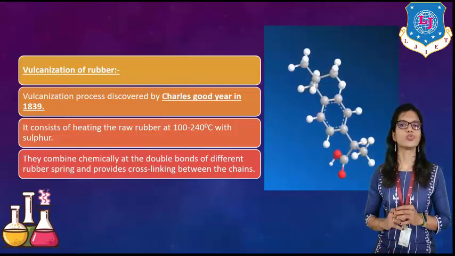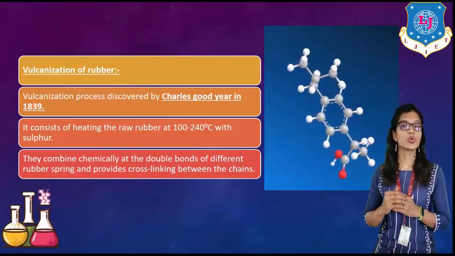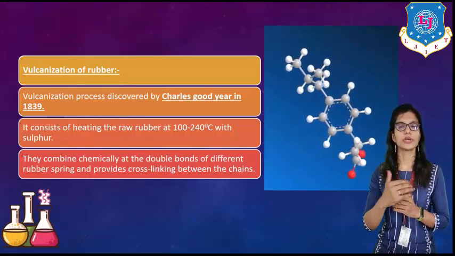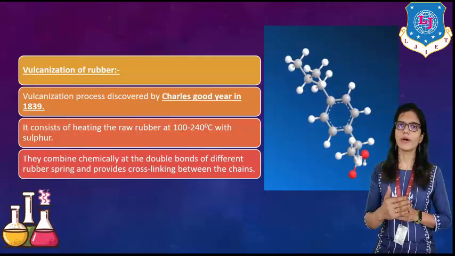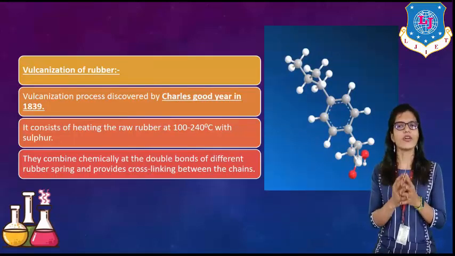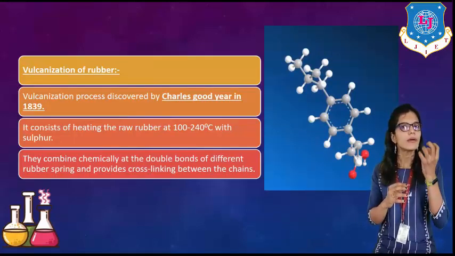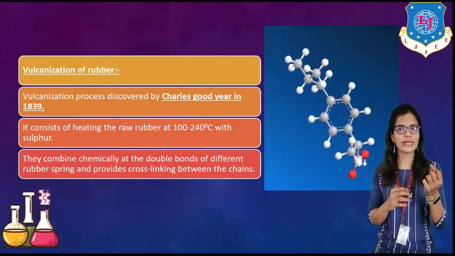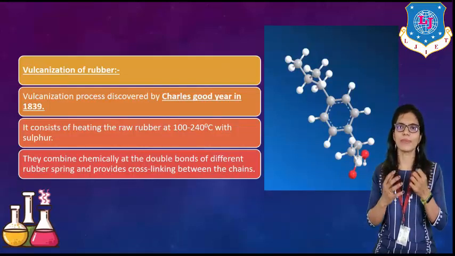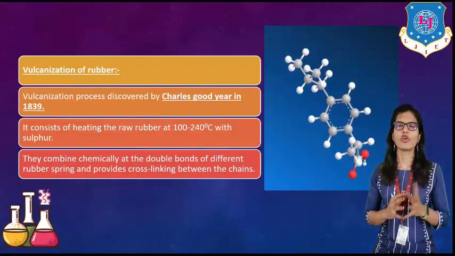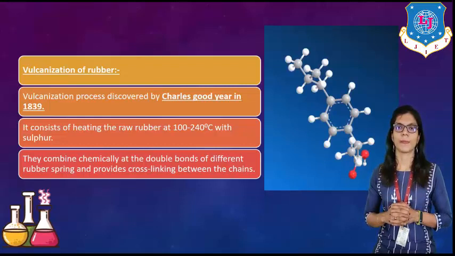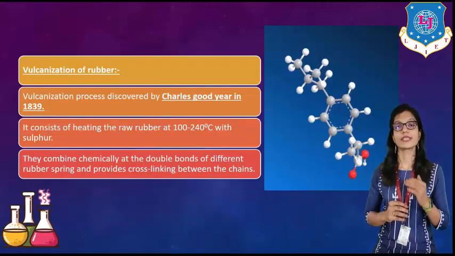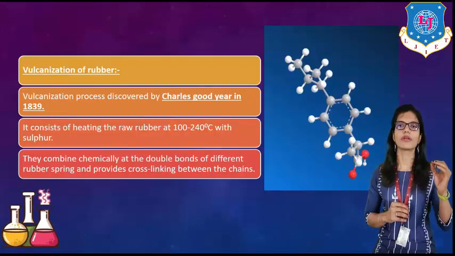So what we have to do is add other constituents to the rubber so that it has more durability and more mechanical strength. For that, one process was established. That process is known as vulcanization of rubber.